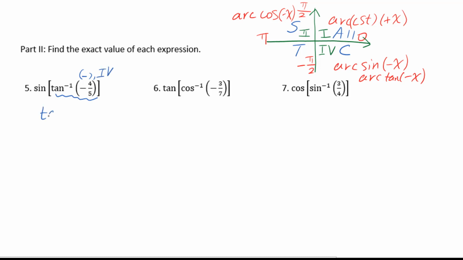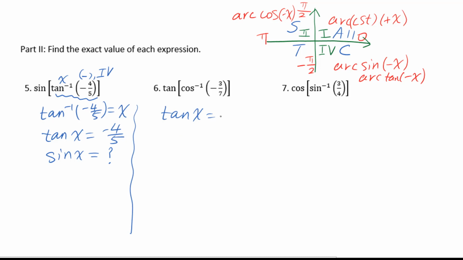We will make inverse tangent of negative 4 over 5 equal to x. So we have tangent x equals negative 4 over 5. We change inverse tangent of negative 4 over 5 into x. Basically, we are looking for sine x equals what?